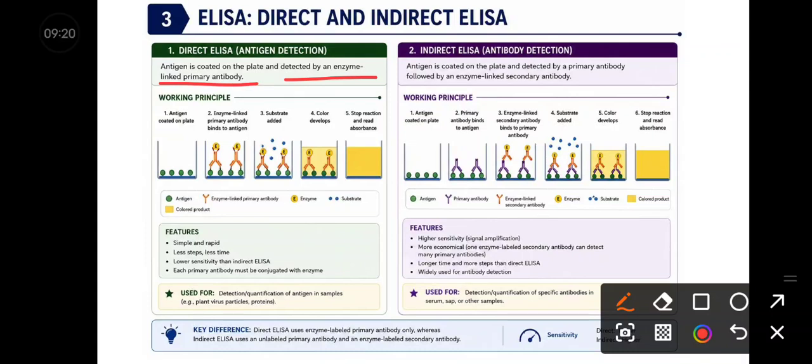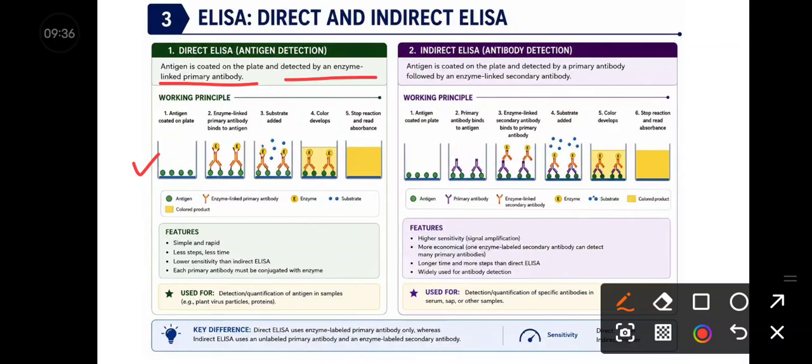Simple. So first here you can see in the well the antigen is coated, then it will be washed with buffer to remove the excess antigen. Only the coated antigen will remain there.